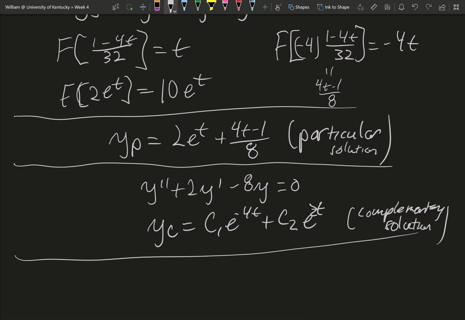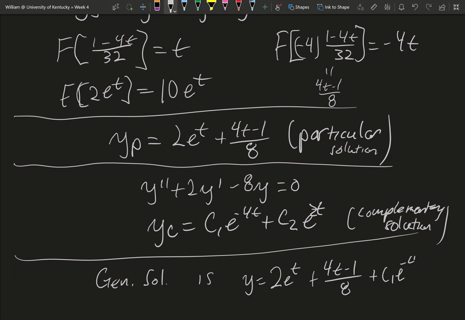And so what we get is our general solution is the sum of these two things.